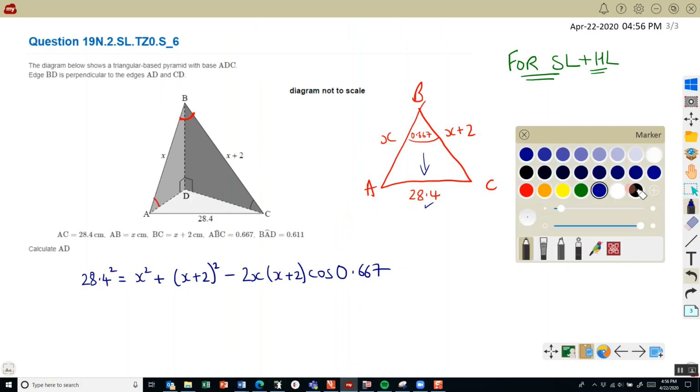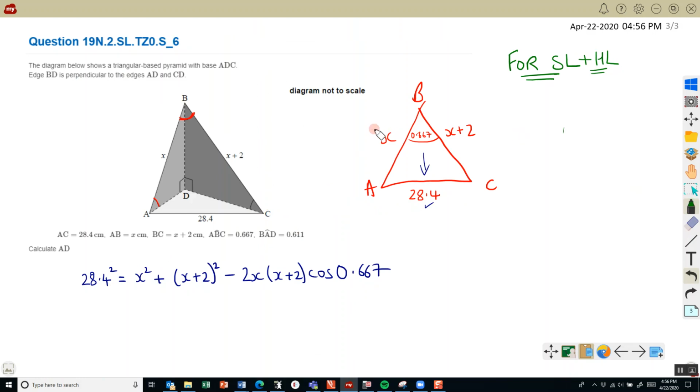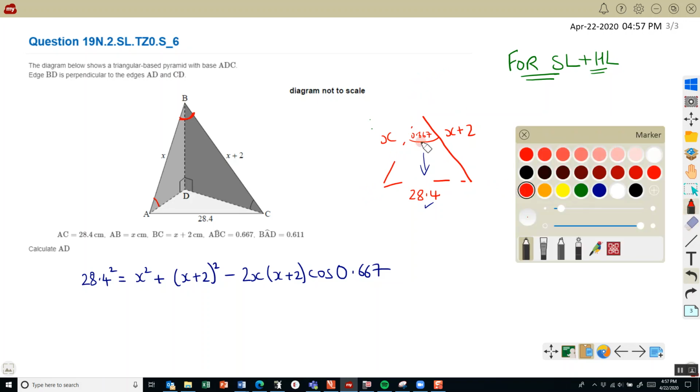If you want to think of it like this, I tend not to, but I don't want to confuse you with all these different letters. Just imagine these letters aren't here.